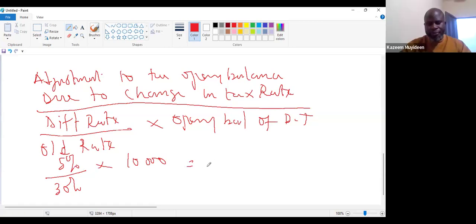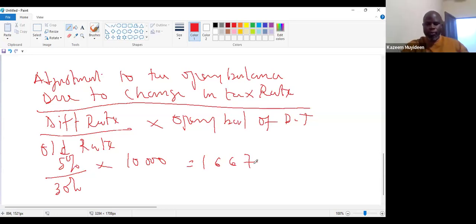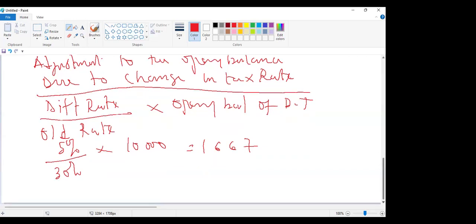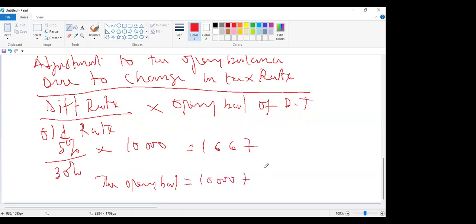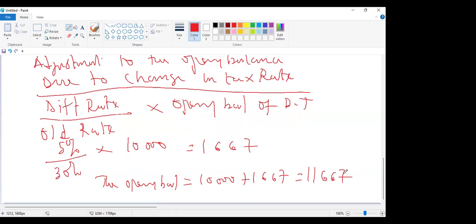Somebody should give me the answer. It is 1,667. And the new opening balance now equals 10,000 plus the effect of change, 1,667, to give me 11,667.